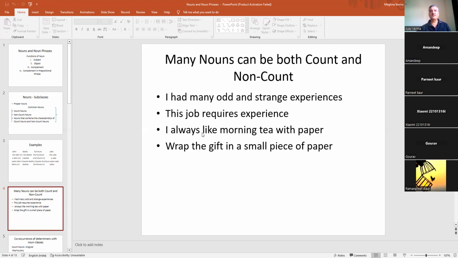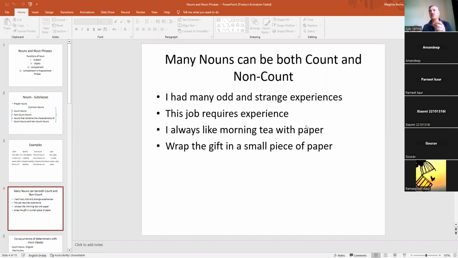Let's go on to the next sentence. I always like morning tea with paper. Okay. So here, paper refers to the newspaper. And in this use, the noun is treated as a non-count. But we can also use both newspaper and paper in a countable sense, to indicate that we are not referring to the newspaper as a kind of social phenomenon, but as one unit.